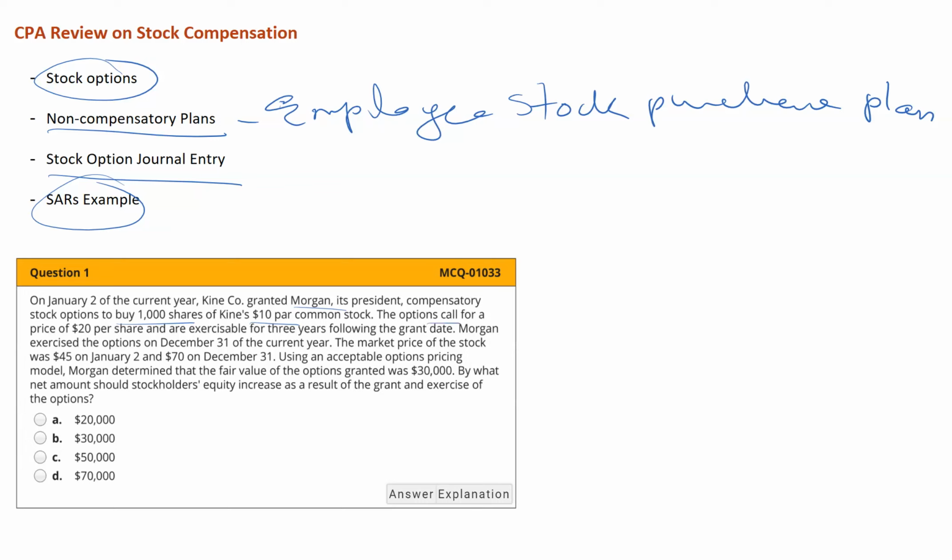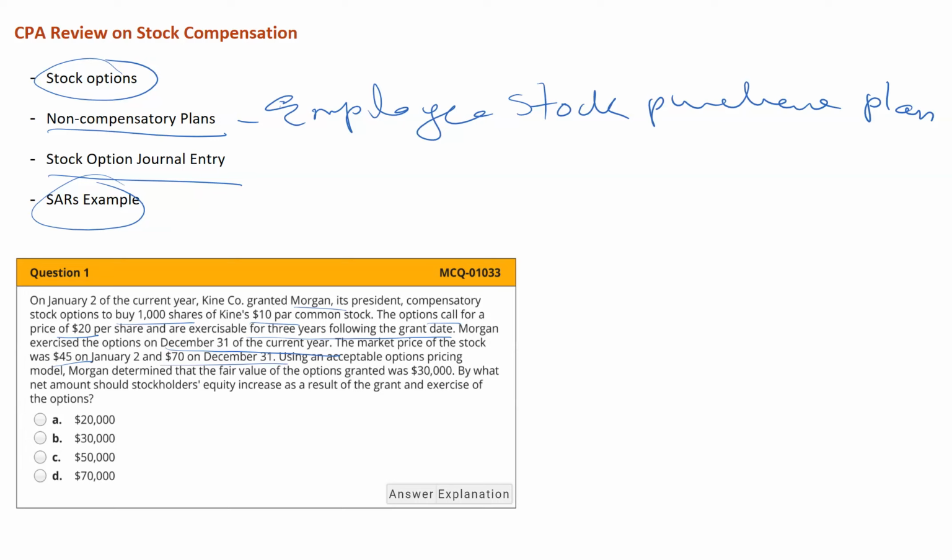You know the terms: a call option means you have the right to buy the stock at $20, and you can exercise it following 3 years from the grant date. Morgan, the CEO, exercised the options on December 31st of the current year. The market price of the stock was $45 on January 2 when it was granted, and at the end of the year it was $70.